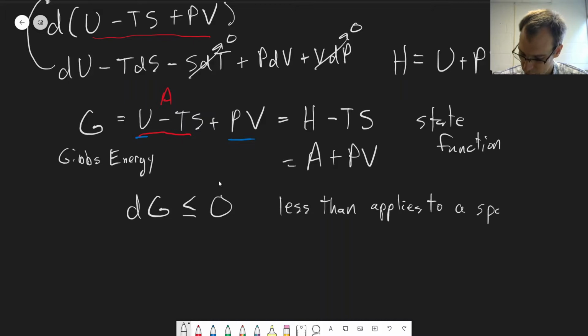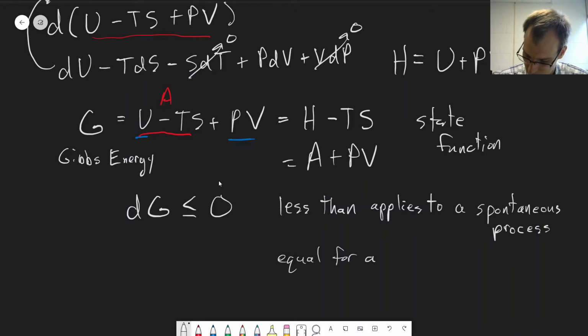So a process can only be spontaneous if its change in Gibbs energy is less than 0 for a constant temperature and pressure process. And it will be equal to 0 for a reversible process or for equilibrium. Again, those are sort of interchangeable.